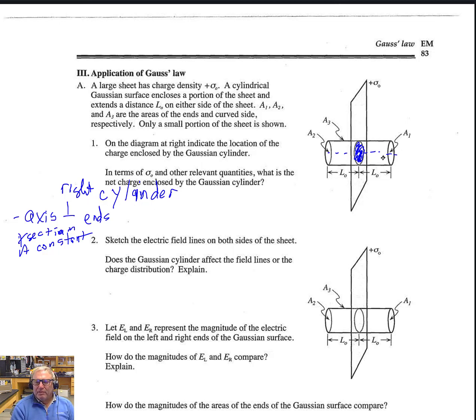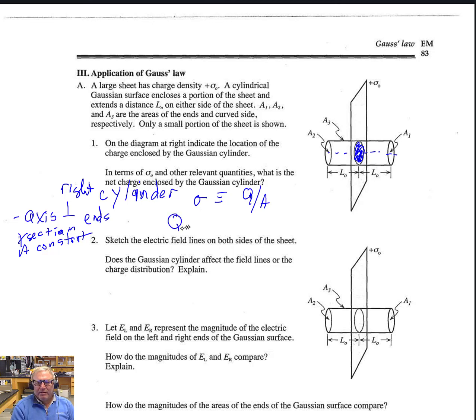So we can pick A1 or A2 because that's one. The enclosed charge is just here. What is the net charge enclosed? Okay, so sigma is defined as Q per area.